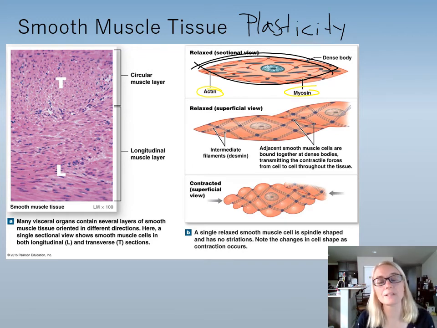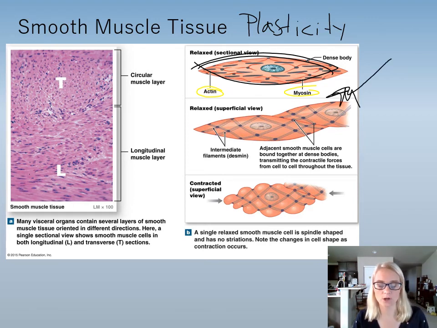Where every skeletal muscle fiber had a motor neuron communicating to it, in smooth muscle, you don't have to. You can have a motor neuron come in and communicate to this cell, but then via gap junctions, that signal can pass to the neighboring cell. So each cell doesn't have to have a direct neural connection, but in skeletal muscle, it does.